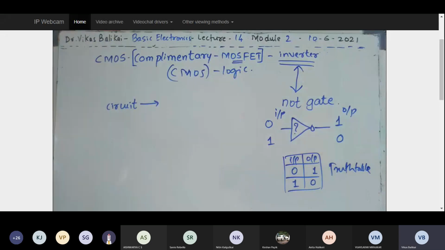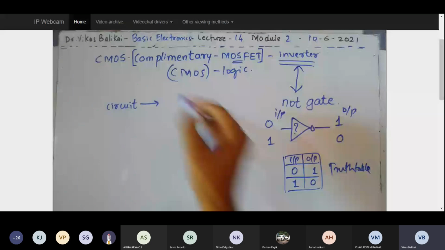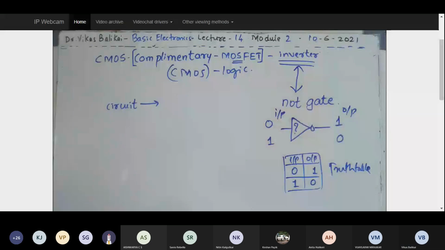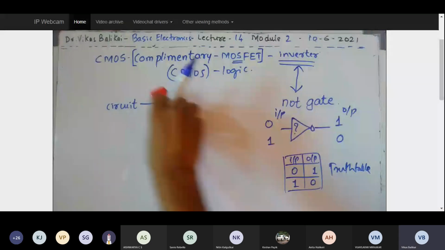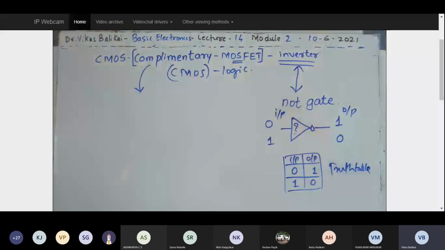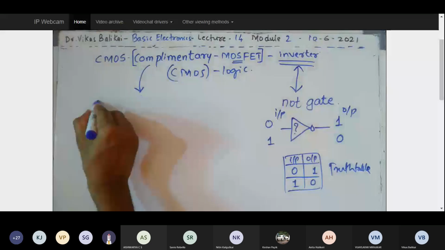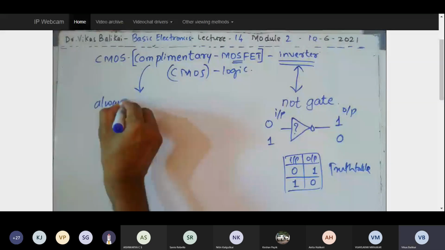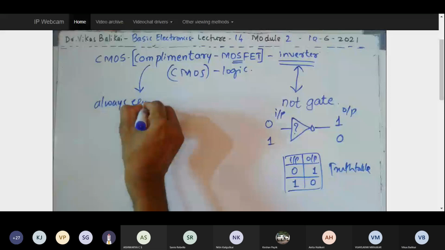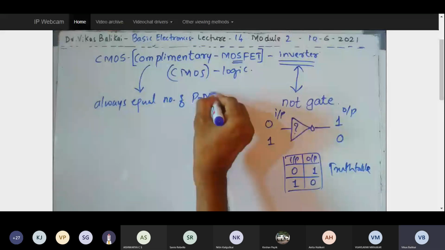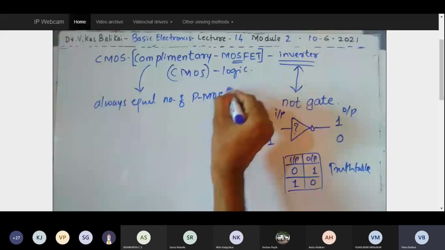Why is it called so? Complementary here means there will always be an equal number of PMOS and NMOS. And henceforth, I won't be calling the full name. I just say MOS, and it indicates MOSFET.